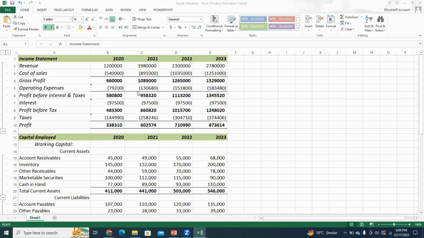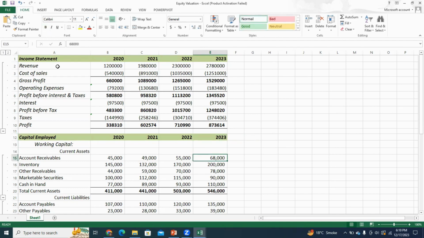So yes, here is the equity valuation statement. We have the income statement in front of us, starting from the revenue, ending at the profit. It's a summarized income statement. But next, the great thing, we have a capital employed heading. It starts from year 2020, ending at 2023, and we have working capital.